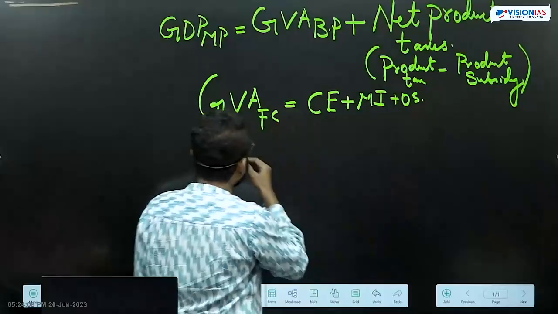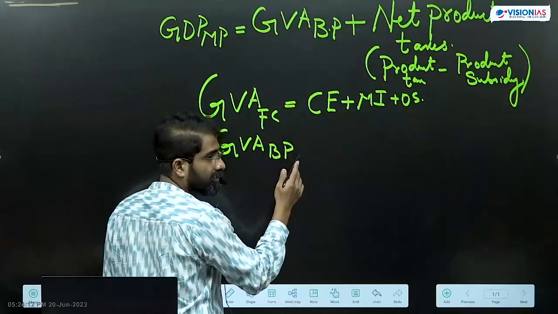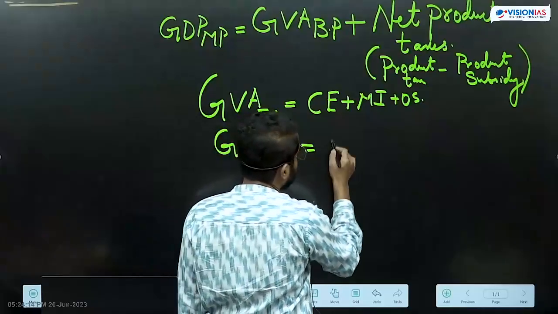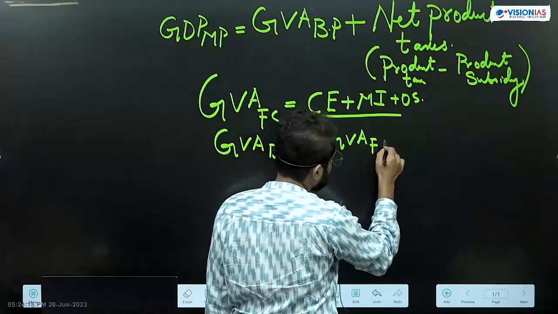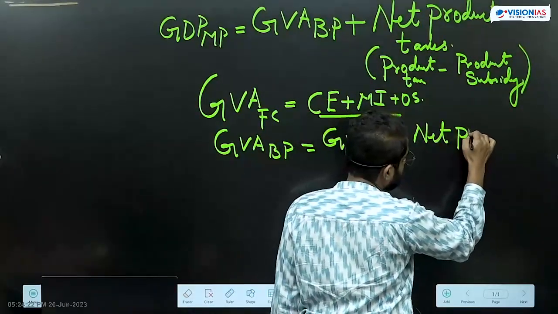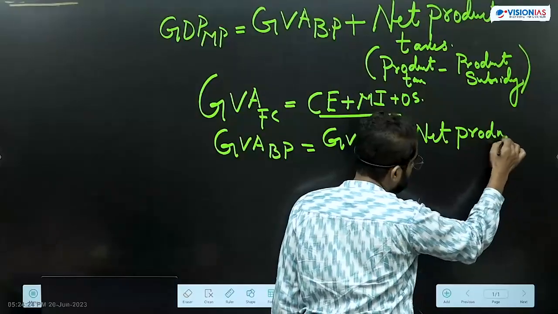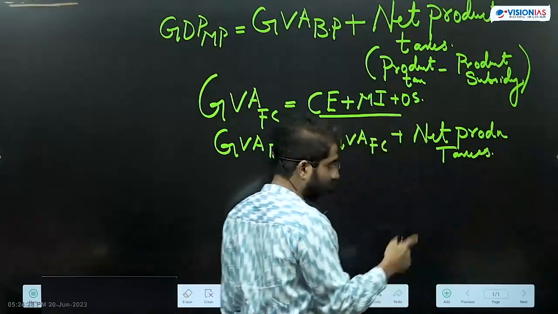From here they will go to GVA at basic price, that is GVA at factor cost plus net production taxes. This is how we arrive at it.